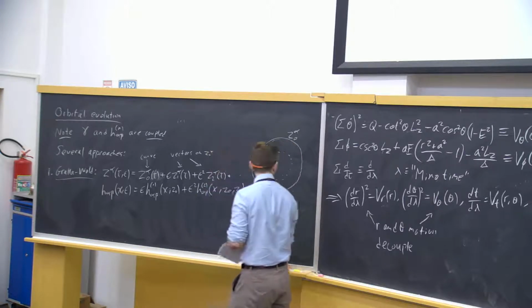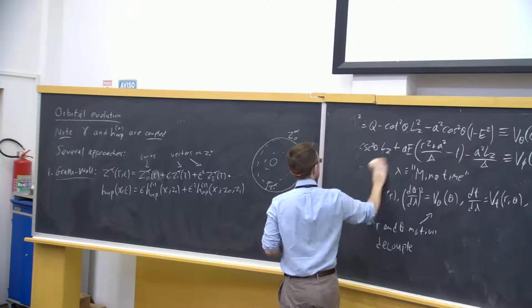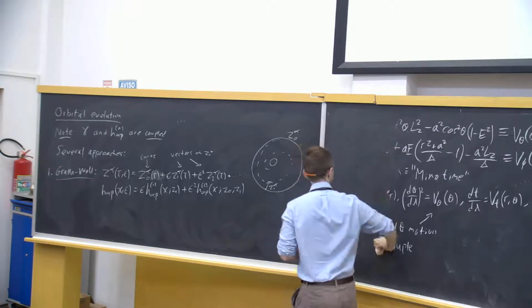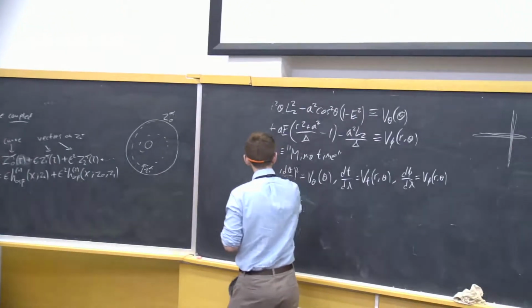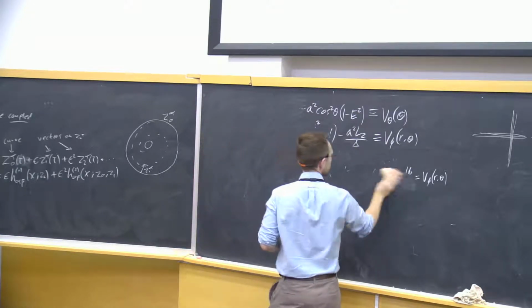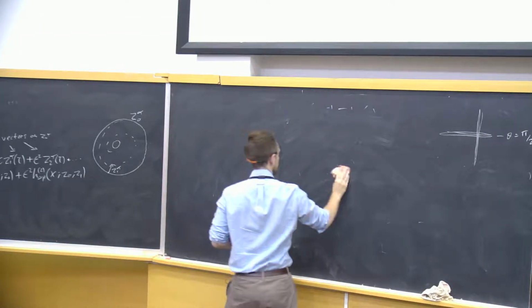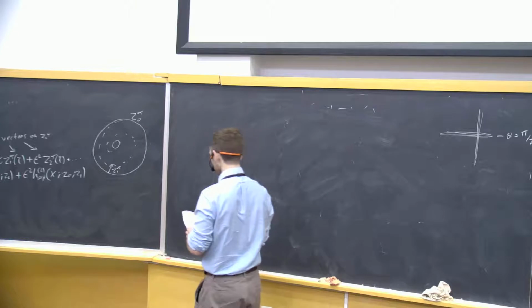So then when you plug these expansions into the Einstein equation, you get a sequence of equations to solve. It's by equating coefficients of powers of epsilon.